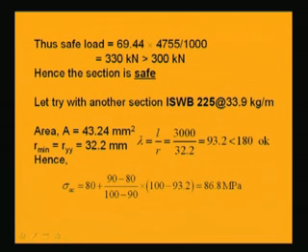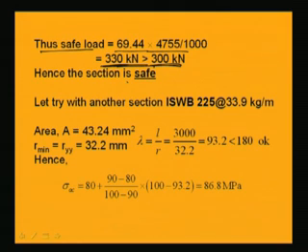Thus, the safe load can be found out now, that is the area into this. If we calculate, we are going to get 330 kilonewton, right. So, we will be getting 330 kilonewton, which is greater than the given load which is 300 kilonewton.